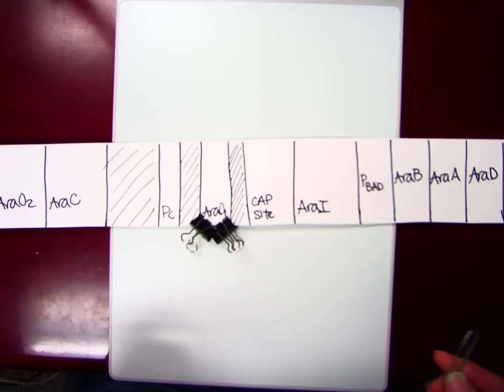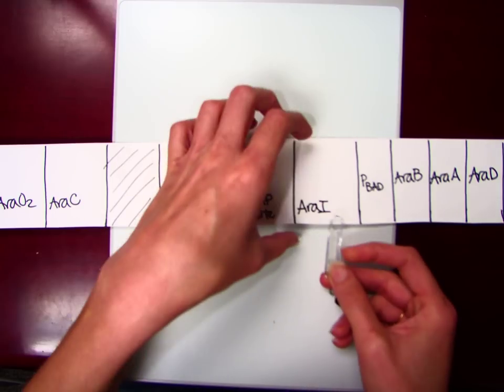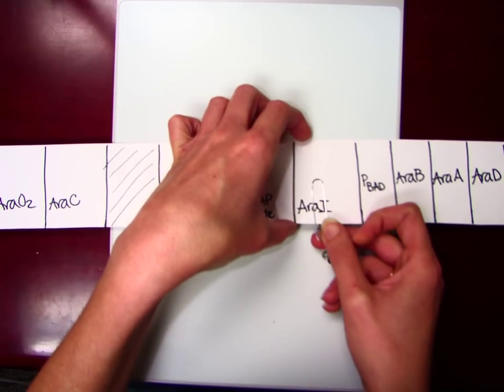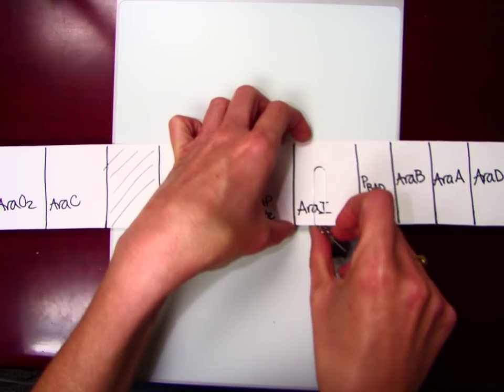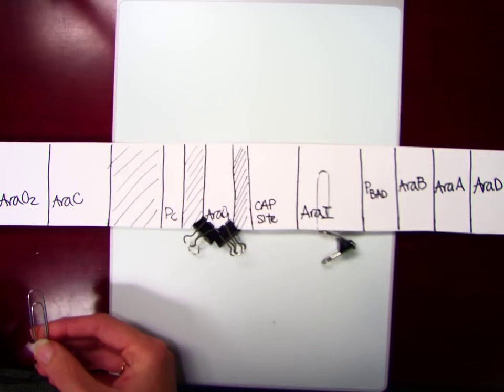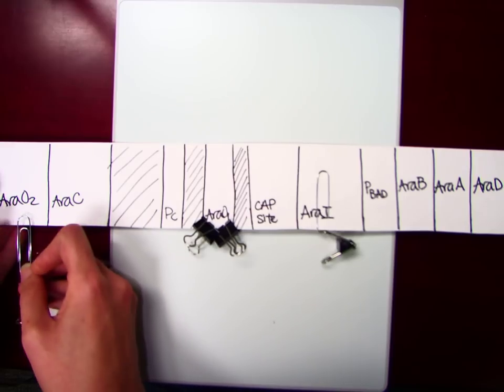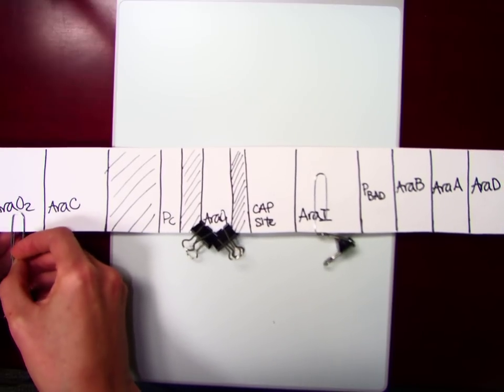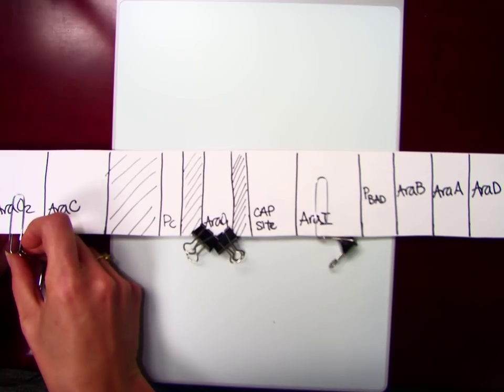But when it regulates the Arabinose operon, we're going to have one copy of the ARAC protein that's going to bind here to the ARAI site. Then we're going to have a second copy of the ARAC protein that's going to bind here to the ARA02 site.